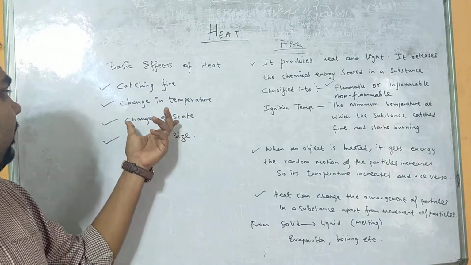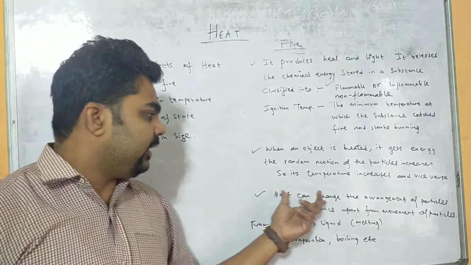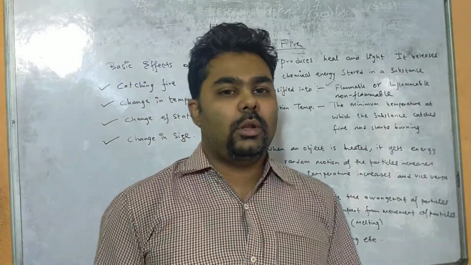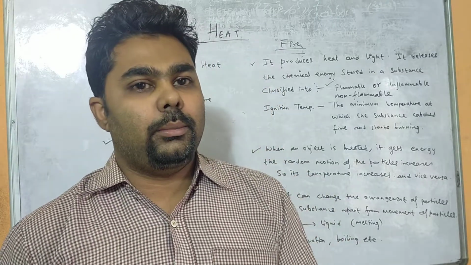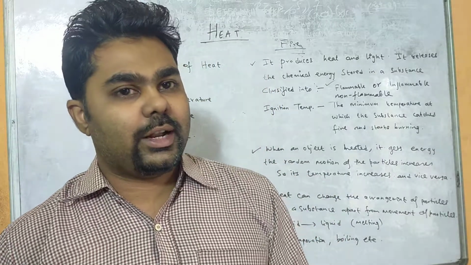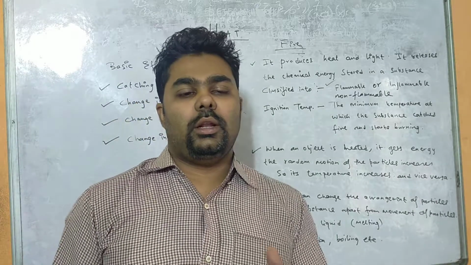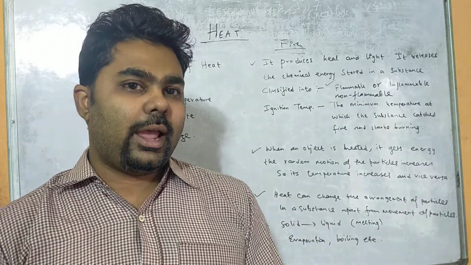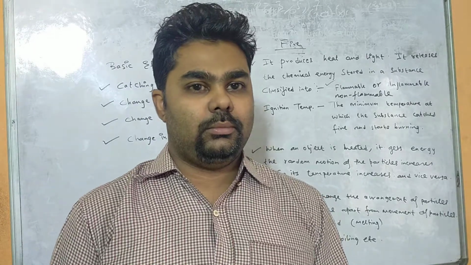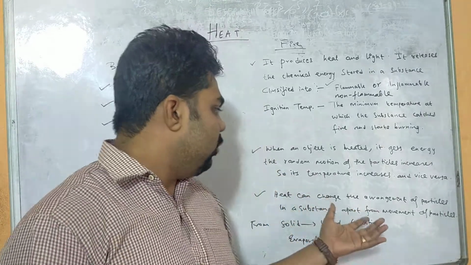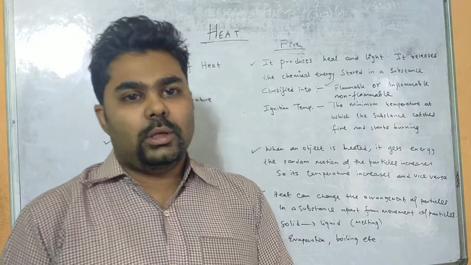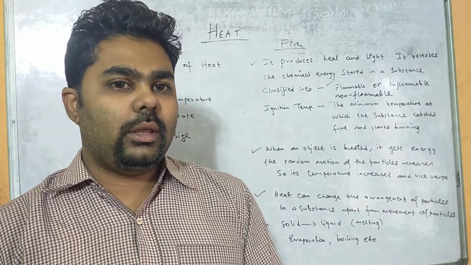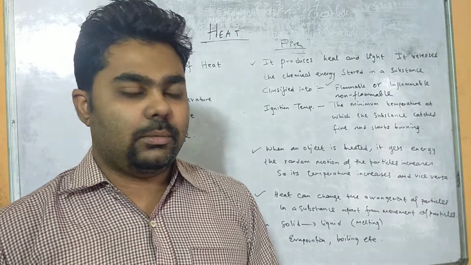Next we will see the change of state. Heat can change the arrangement of the particles. Heat not only makes the particles move randomly in the substance, but when a substance is heated, its arrangement also gets changed. The particles move from one place to another, due to which the arrangement gets disturbed.